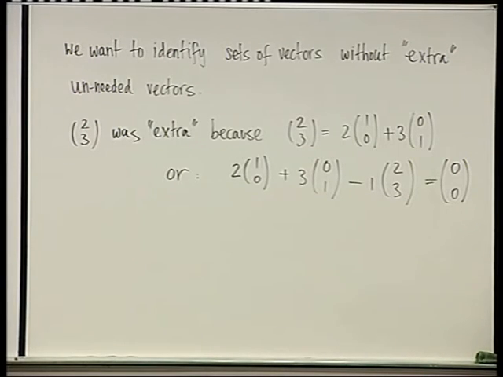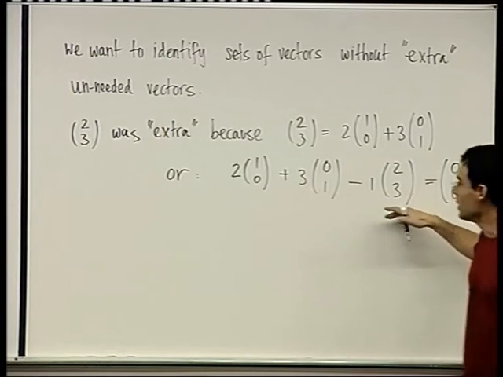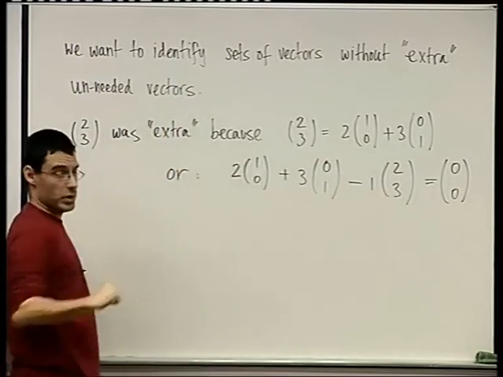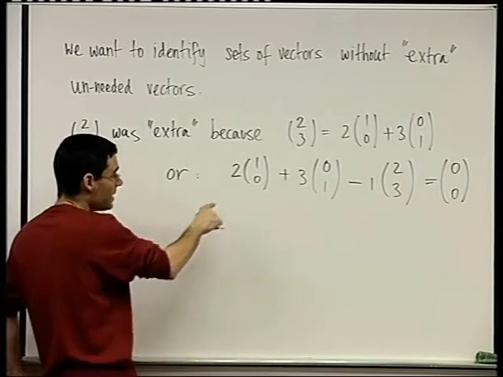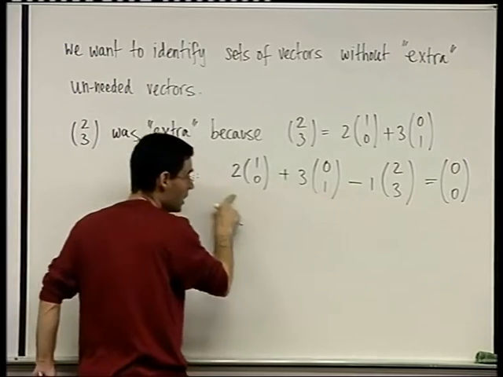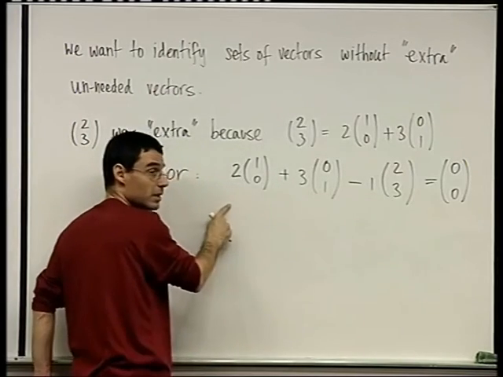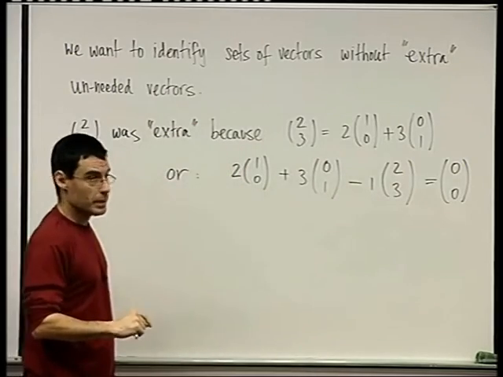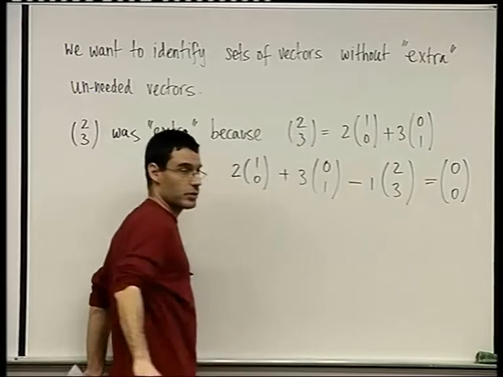Okay? And this is the notion that we're going to capture. The statement here is that a set includes extras if we can take a linear combination of the elements of the set where not all the coefficients are 0, but still get the 0 vector.